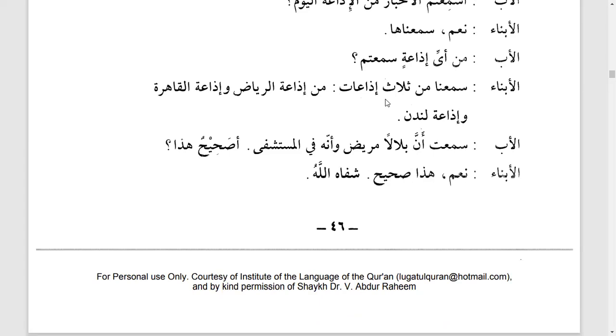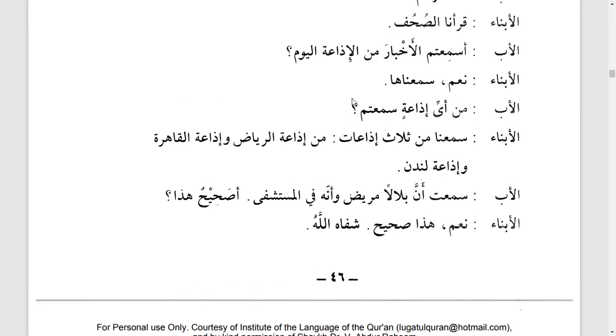Opposite in gender, because idha'a is feminine, so thalatha is masculine. And the ma'dud will be plural. From 3 to 10, the ma'dud will be plural. So that's why we have idha'atin. Idha'a is a radio station, and idha'at means radio stations. And when we say min thalathi idha'atin, that is translated as from three radio stations.